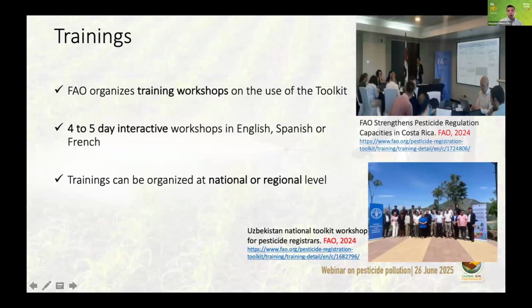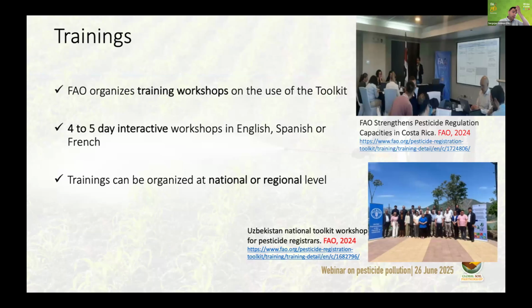And obviously, one of the good things is that if FAO has financial resources available, and there's an official request from the countries to train them on pesticides, whether on the registration of pesticides or on the management of obsolete or highly hazardous pesticides that are already in the field, our team can go there and train, and organize workshops on how to use those toolkits and provide management strategies.